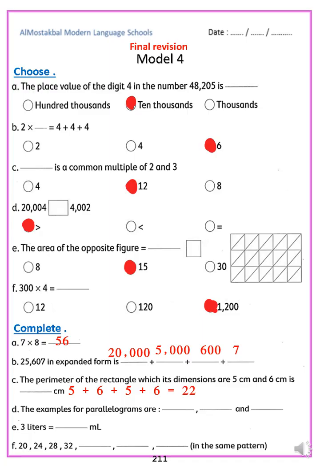The examples for parallelograms are rectangle, rhombus, and square. 3 liters equals 3,000 milliliters. 20, 24, 28, 32. Okay, we will add 4 in each step. 36, 40, 44.